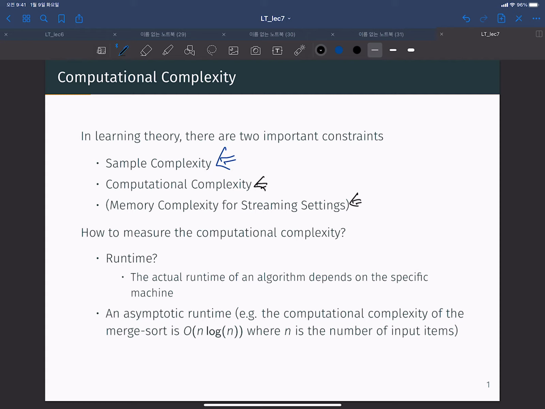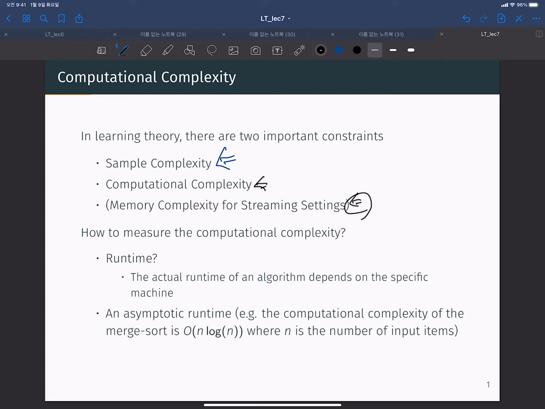And recently people also think about how to compress the incoming data so that the compressed data can keep the very important messages and erase relatively unrelated data points or information. Okay, so memory constraint is also a very interesting topic for learning theory, especially for the streaming setting.